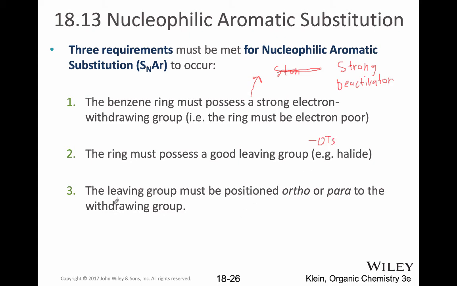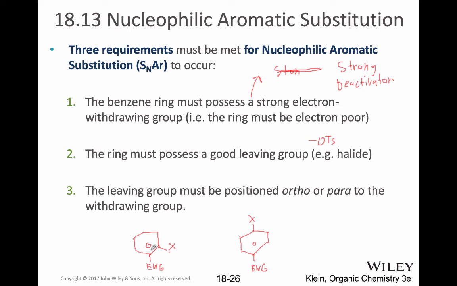But the leaving group has to be ortho or para to the electron withdrawing group. So what that means is I can do nucleophilic aromatic substitutions if I have a strong electron withdrawing group here and the halide here, or if I have an electron withdrawing group and the halide there.